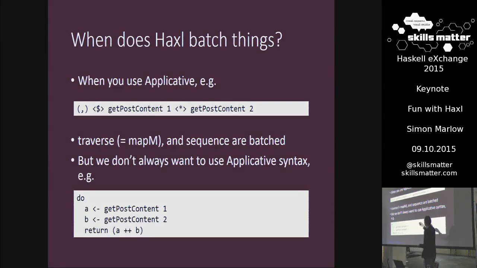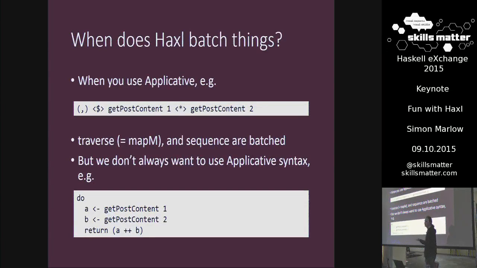So if you were to write something like this applicative expression here, where we're making a pair from the result of getPostContent 1 and getPostContent 2, those two would get batched together. If you use traverse, which is also defined in terms of applicative, this is like mapM for applicative, then you get batching. And nowadays, mapM is actually defined in terms of traverse for most data types.